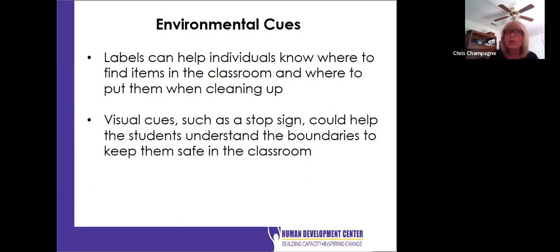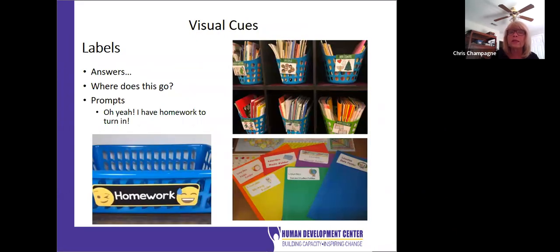And you've seen all the time, you see things like labels that are in the environment. Where does this go? And the one that has the homework could be a prompt as well. Oh, yeah, that's right. I have homework and it needs to go there. All the way to something more sophisticated for older students, like colored and labeled folders for them to put their work in.